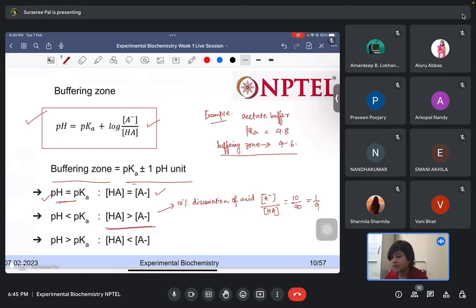Can anyone calculate what is log of 1 by 9?